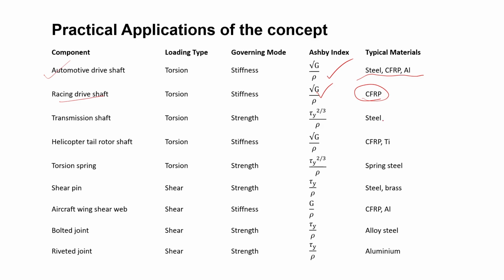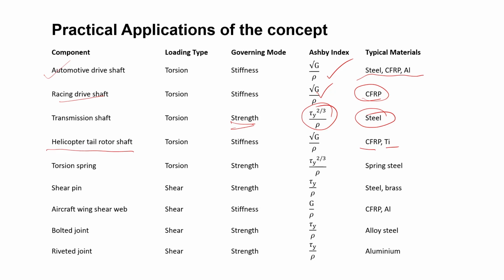Transmission shaft, steel is a good one because the strength is important there, and with tau y to the 2/3 over rho, steel takes a good position. If you go for a helicopter tail rotor shaft, then you have to use CFRP or titanium. Though titanium is difficult to machine, you will have no other way.